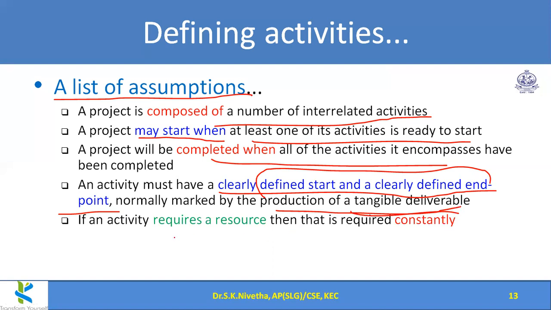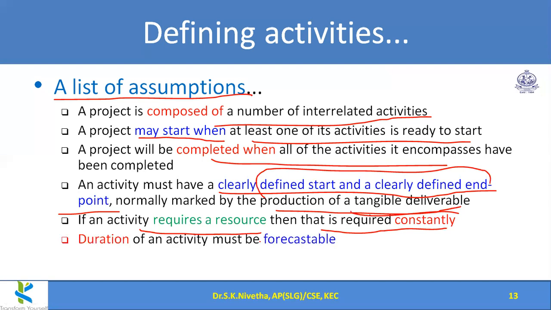And if an activity requires a resource, then it is required constantly. So if an activity requires one computer, and the start date is Monday and the end date is Friday, then throughout the full duration the system should be available to carry out the activity. So that is the assumption. And the duration of the activity must be forecastable.